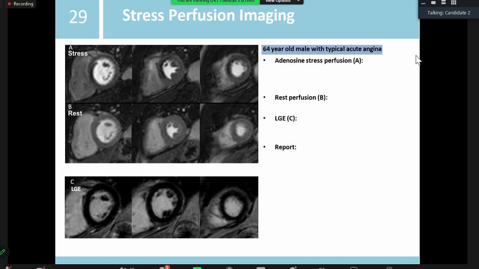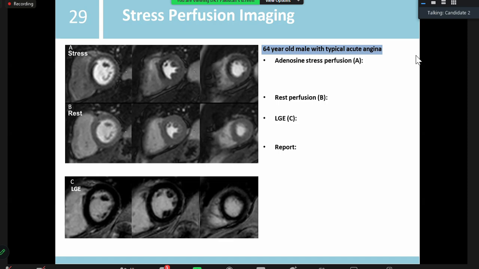There is a small focus of signal abnormality in the mid myocardial view in the inferior wall. Ignore that. So as in the stress image, the signal abnormalities which are not showing any late gadolinium enhancement, I would consider reversible ischemia.